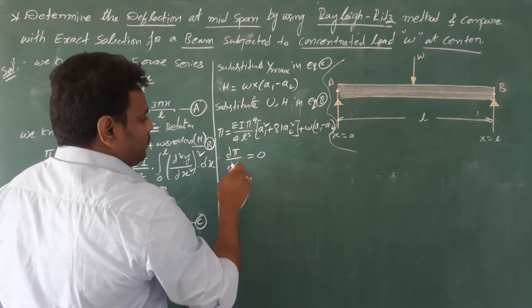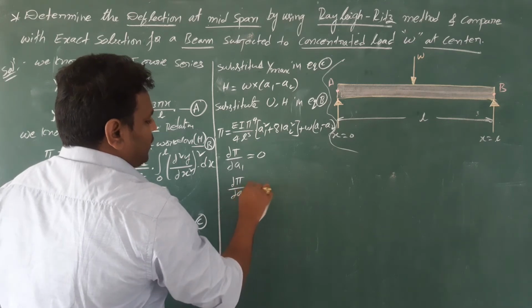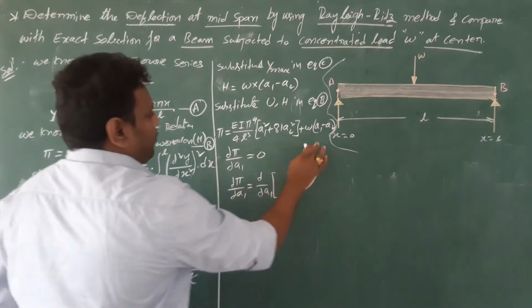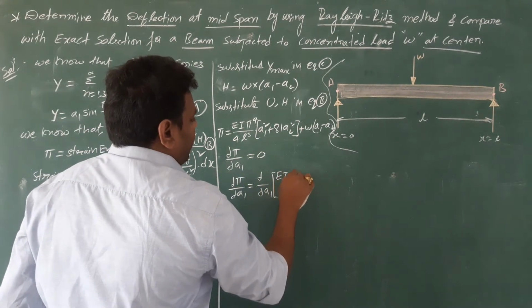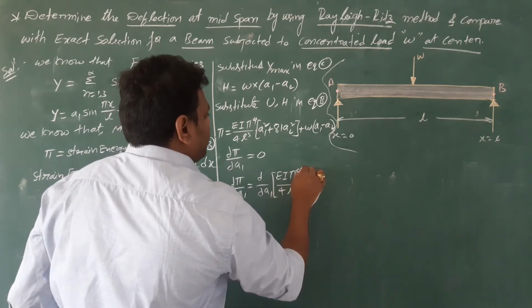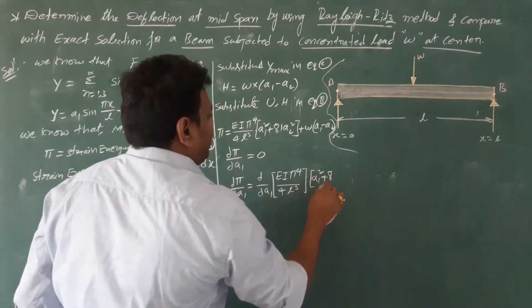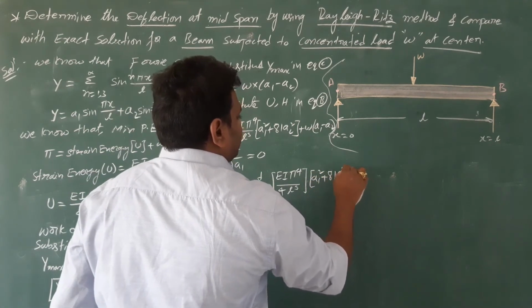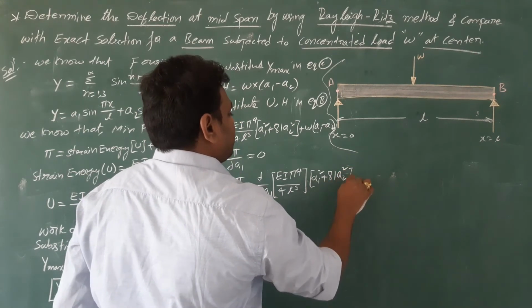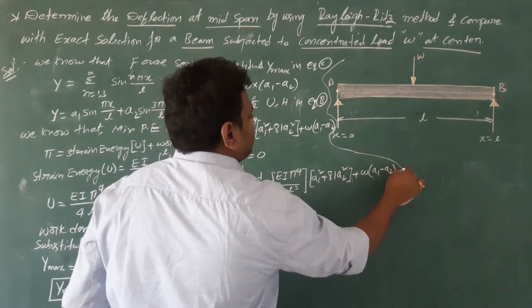First, ∂Π/∂A1 is equal to ∂/∂A1 of EI π^4 by 4L³ into (A1² + 81 A2²) plus W into (A1 minus A2).